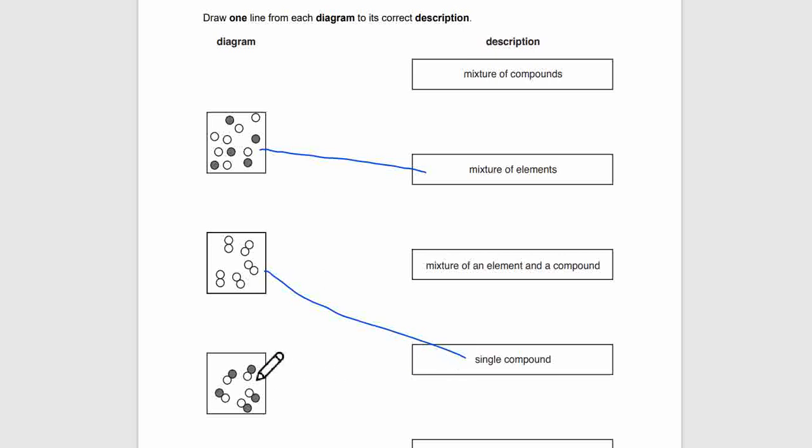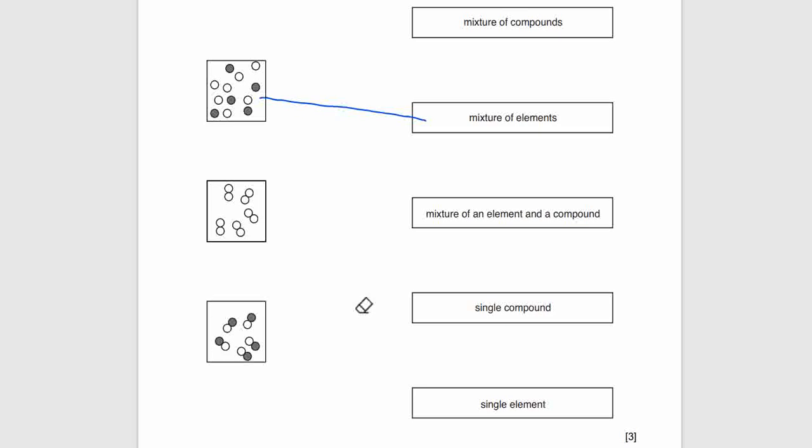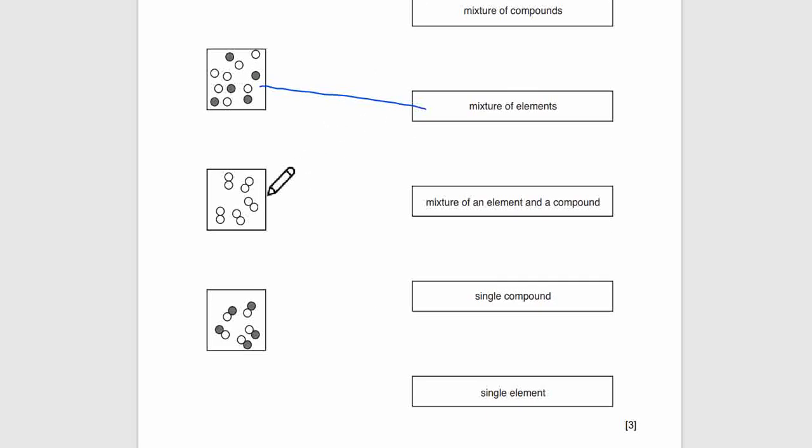This one is the same type of color, so the same type of element, so it must be a single element, not a compound. Single element. This one has a different type of atom, so it must be a compound. So we write down here single compound.